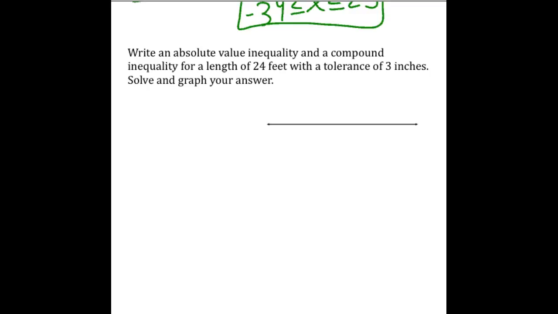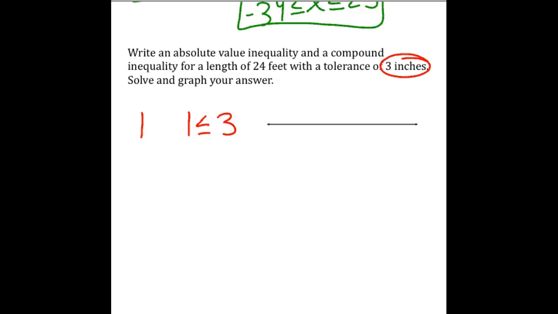So if we start with this being an absolute value inequality, they're saying that, okay, we have to have absolute value. Our tolerance is that whatever we have, whatever product we create, it can't be more than 3 inches off of the original. And so whatever happens, it has to be less than or equal to 3 inches.